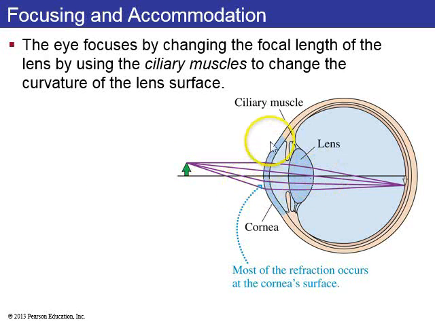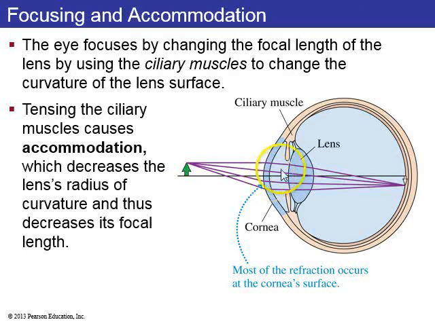So let's talk about focusing. The eye focuses on different distance objects by changing the focal length of the lens. And the way that happens is the lens is actually malleable. And it's surrounded by muscles which can squish the lens and decrease the lens's radius of curvature to make it more curvy, and if it's pushing in on the lens, thus decreasing its focal length.